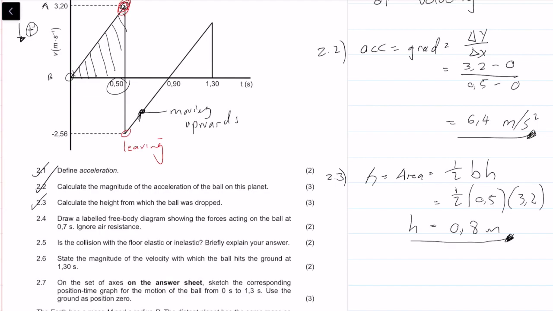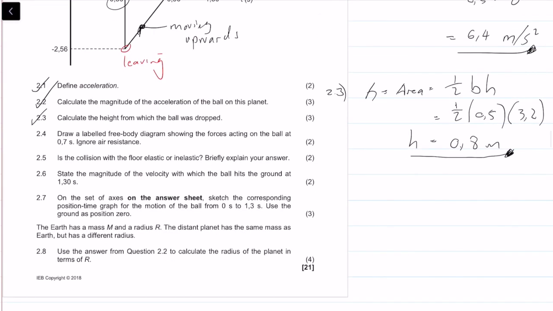There's no external forces acting on the body besides gravity, right? And we're going to label this weight. So you can say that you've got your mass and it's got a weight. Basically, that's all there is. There's no other forces acting, and that's your free body diagram, and you get your 2 marks.